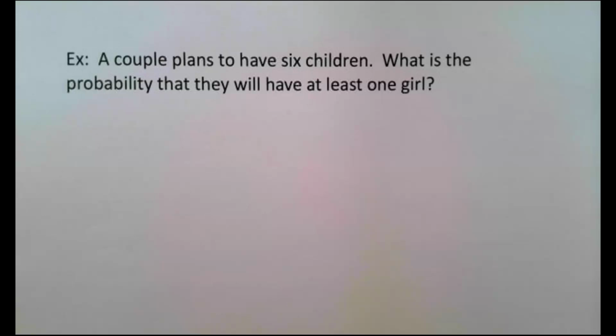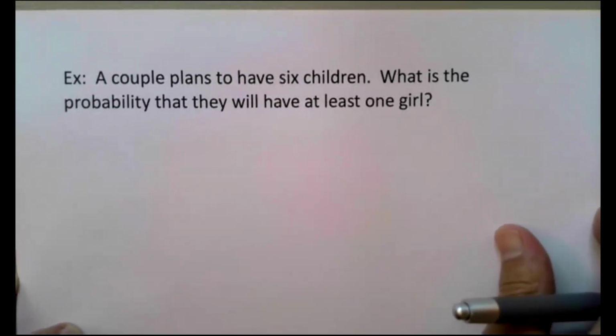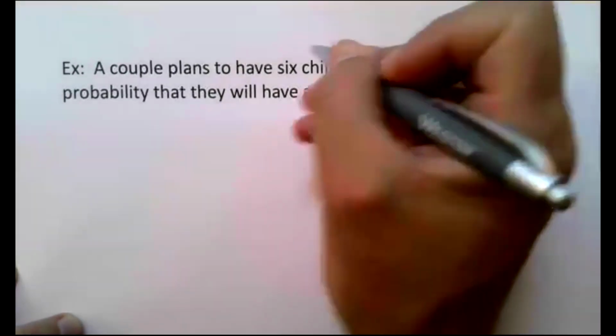So if we're going to have 6 children, let's think about what our sample space would look like. Let's think about how many elements would possibly be in our sample space if we were going to have 6 children. We've definitely talked in this class about the counting principle.